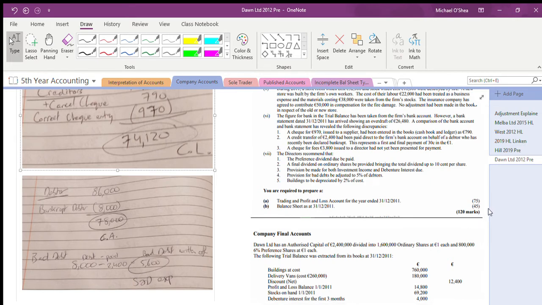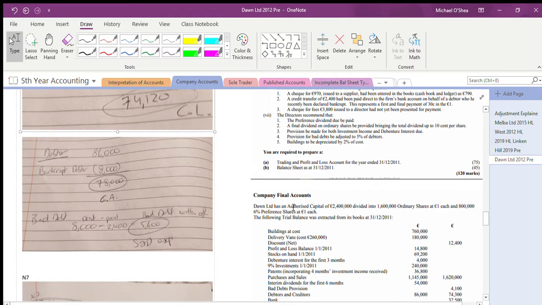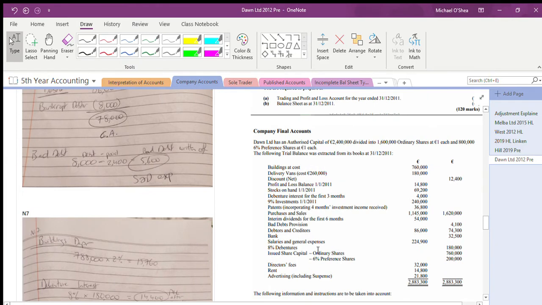The second we see that here, we look at the top of the question, and we see that there is 6% preference shares. So there have been 200,000 shares issued, and they are due a dividend of 6%. Whether we paid that or not, the total amount for preference shares that we will be accounting for this year is going to be 6% here, which is going to be 12,000.